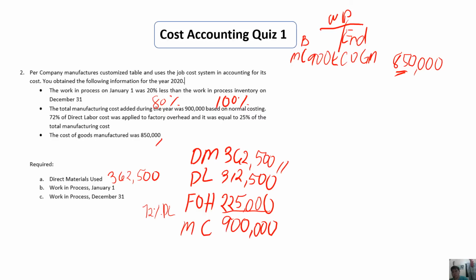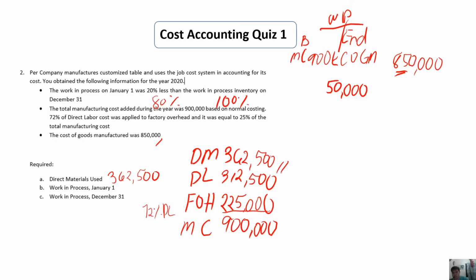Yung difference niyan, that will be the difference doon ng ating beginning inventory tsaka ng ending inventory. So 900,000 pesos minus 850,000 pesos, yung difference niyan ay 50,000 pesos. Yung 50,000 pesos, this represents the 20% gap between the beginning inventory and the ending inventory.